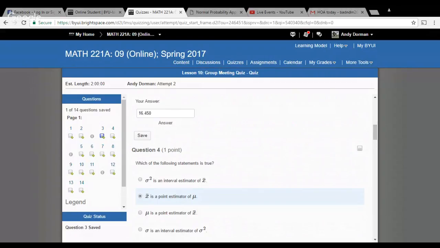And the mu symbol looks like a U with a line under it, which is basically the mean of the population being sampled. So X is basically a point estimator of mu, and mu is not a point estimator of X. So that's why I selected that. Okay. Would you like to go to the next question or stay here? Okay, next question. Hold on just a moment.